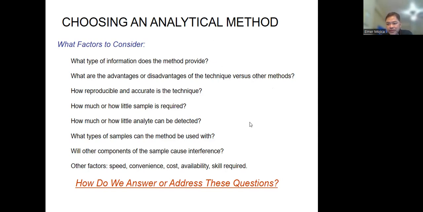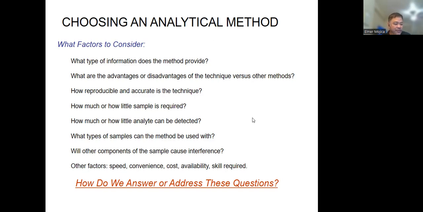So, will it give you the quantity or the amount of the analyte that you're looking for? Okay. Now, advantages and disadvantages of technique over other methods. Will there be additional sample preparation that you need to do? Okay, or more preps? How reproducible and accurate is the technique?